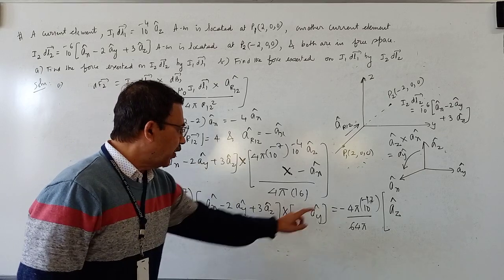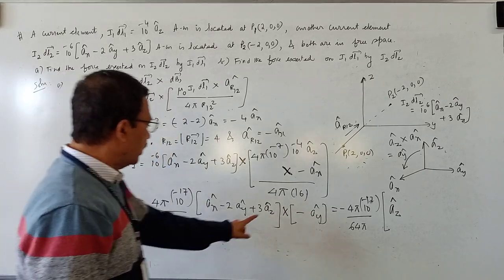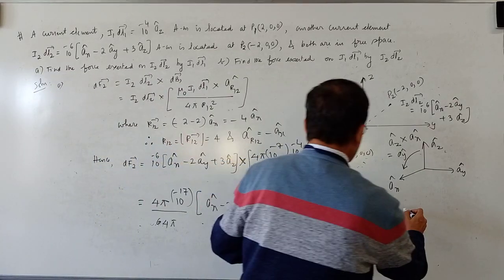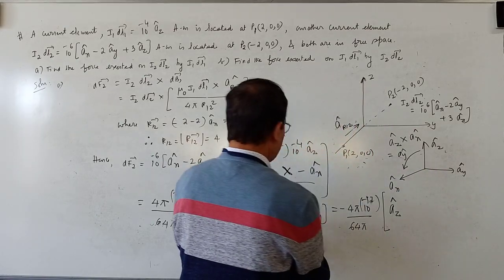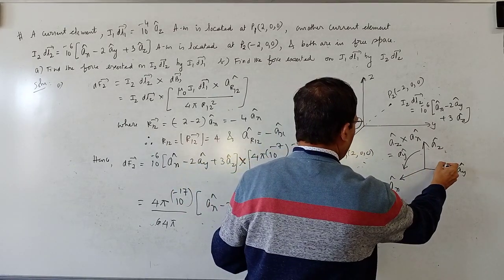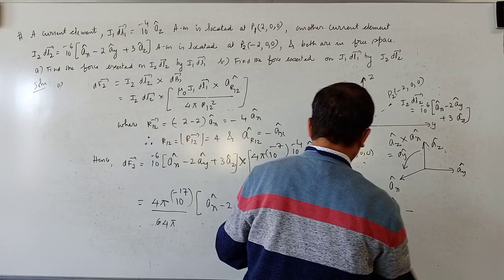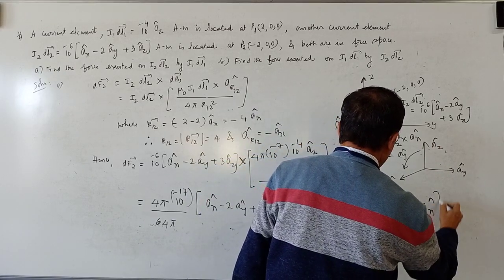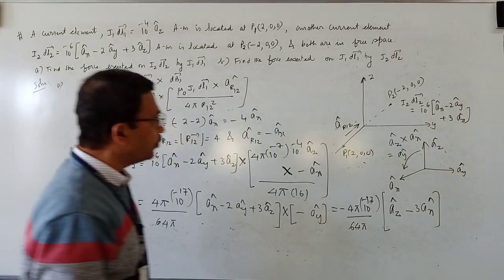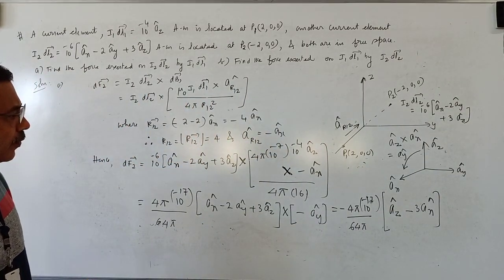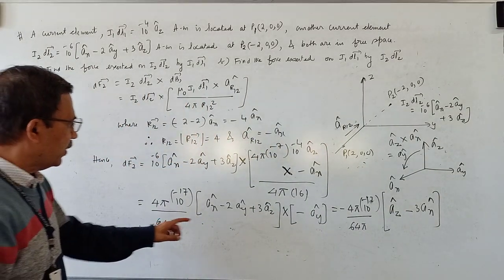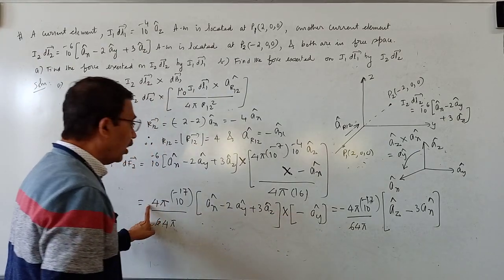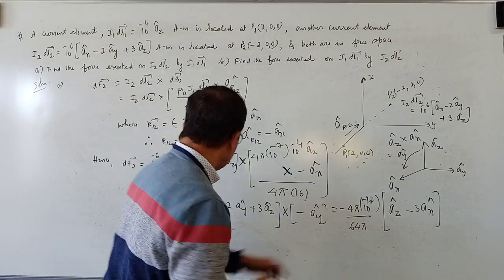AY cap cross AY cap is 0. AZ cap cross AY cap: you are traveling clockwise. Therefore, minus sign. Minus AX cap multiplied by 3. I repeat again, this minus sign I have taken out, therefore this minus sign has come.